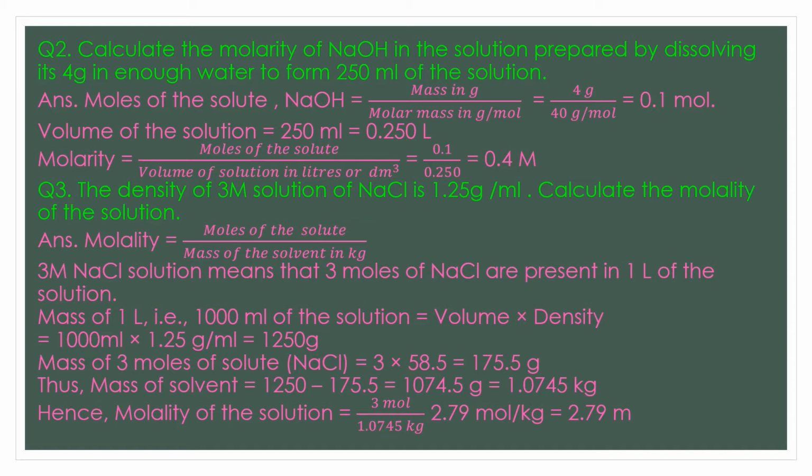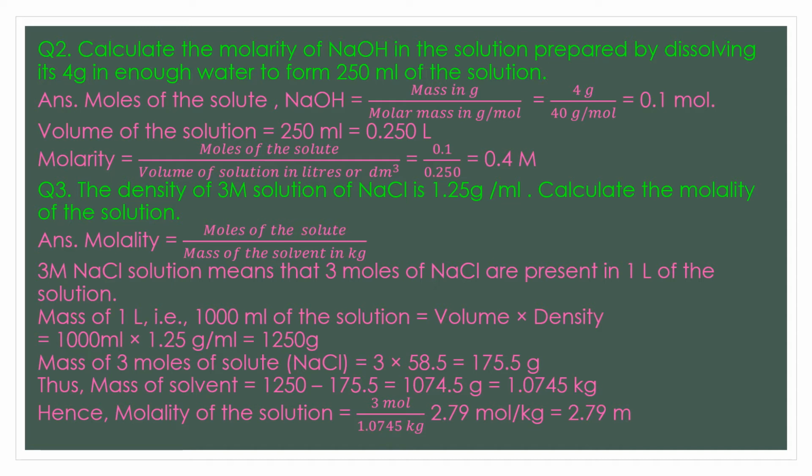The volume, 250 ml, and first of all we have to find out the moles of solute. Here the solute is NaOH. For finding out moles of solute we have been given the mass, that is 4 grams. We have to find out the molar mass of NaOH, that is 40 gram per mole. After dividing it, we get the number of moles, that is 0.1 mole.